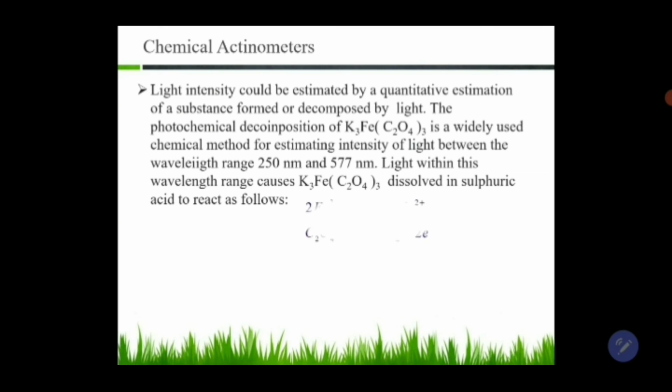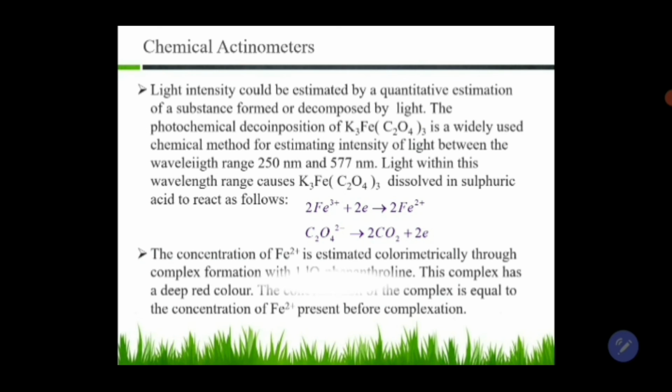So the reaction is like this: Fe3+ plus e- gives Fe2+, and C2O4 2- gives 2 CO2 plus 2 electrons. And how do we understand the extent of this reaction? The concentration of Fe2+, which represents the number of quanta absorbed, is estimated colorimetrically through the complex formation with 1,10-phenanthroline.